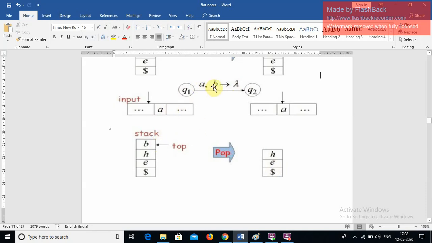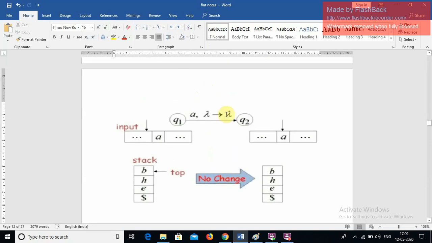We can pop the B, but we cannot push anything into the stack. That is actually happening here. Okay, B can be popped, but nothing can be pushed here. You have to understand the meaning of this transition in the PDA graphical notation.